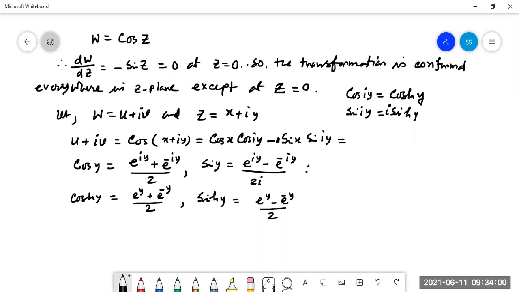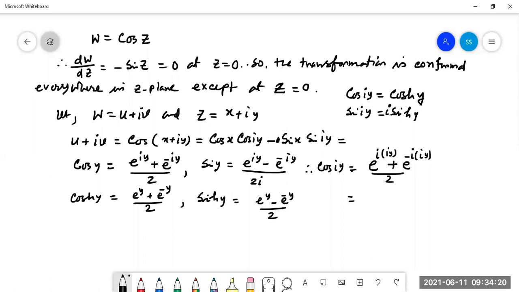So cos IY is e to the power I into IY plus e to the power minus I into IY by 2.